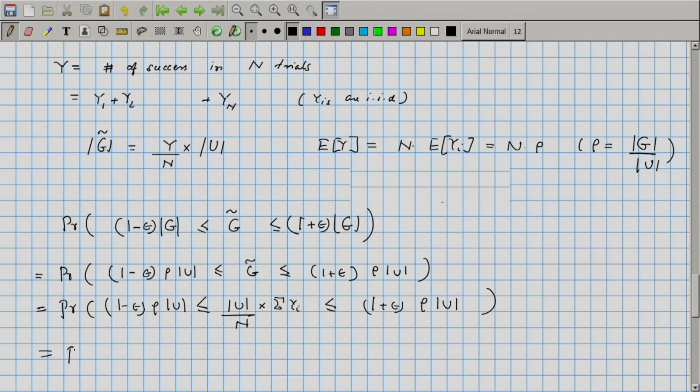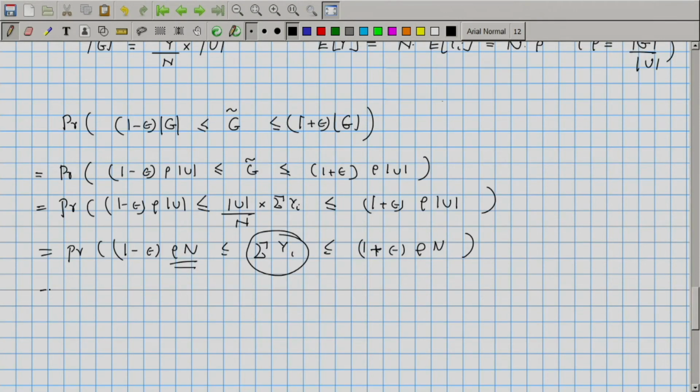So, this probability is nothing but the random variable y, which is the summation of yi's, lies between 1 minus epsilon times rho n and 1 plus epsilon times rho n, and rho n is the expectation of this random variable.